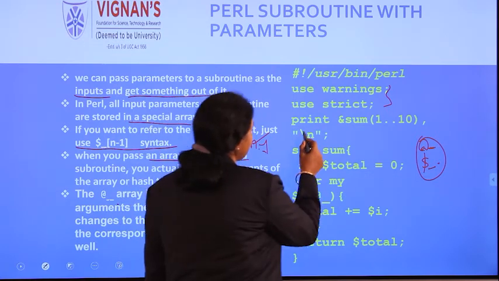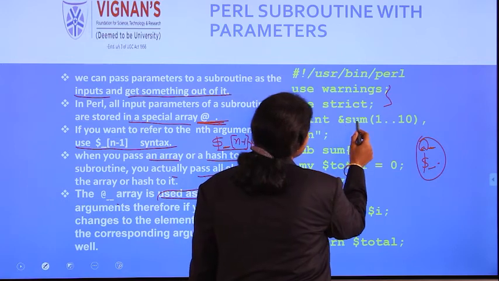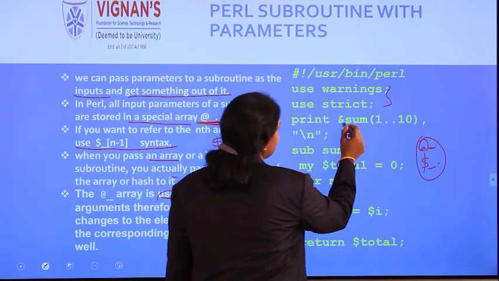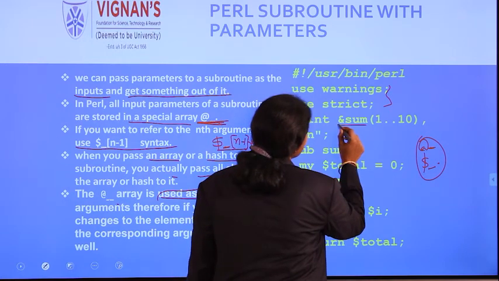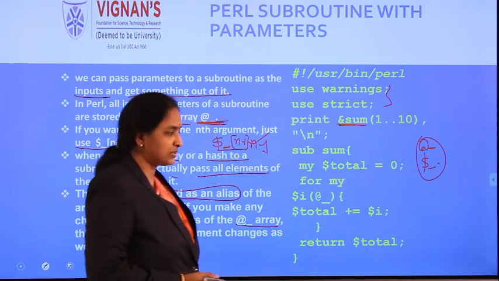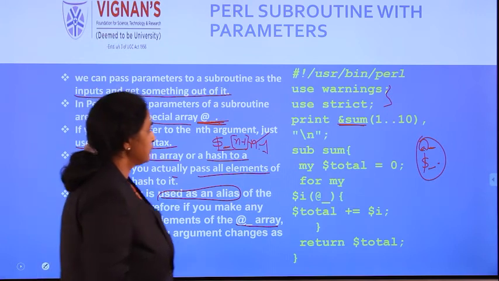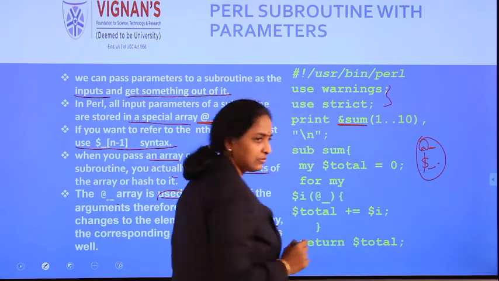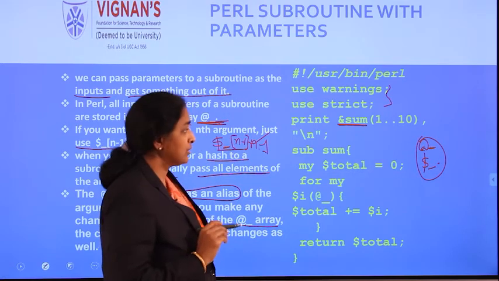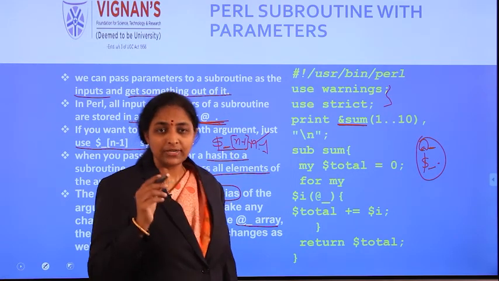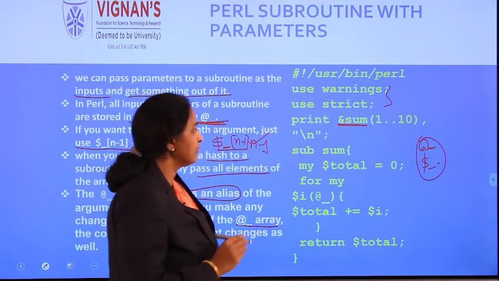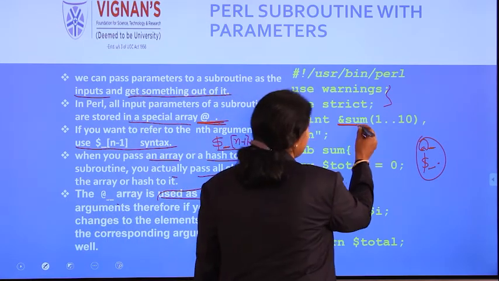Now coming to this part, print ampersand of sum 1 to 10. As you know, ampersand will be used as a function call. Please recollect the point. This ampersand means it is nothing but a function call, and the function name or subroutine name is referred to as the reference.